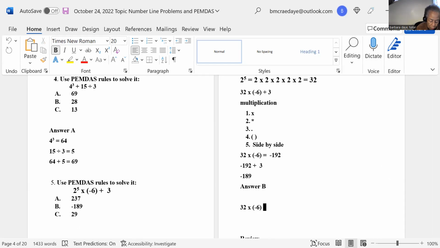This could also be written as 32 in parentheses times a negative 6. So you could write it with parentheses.